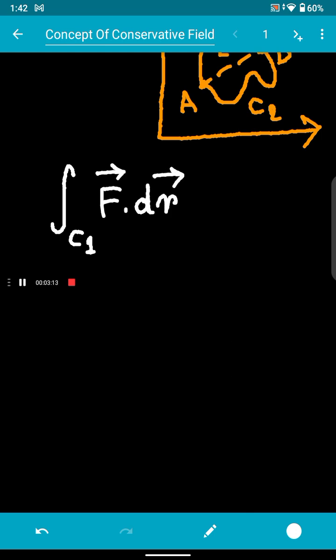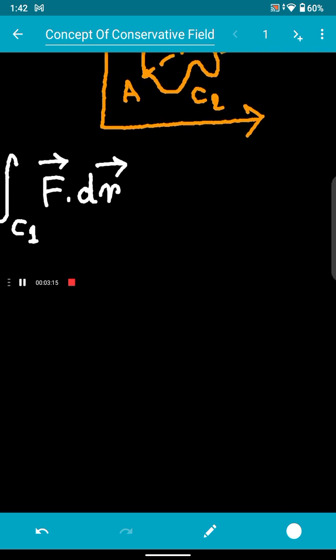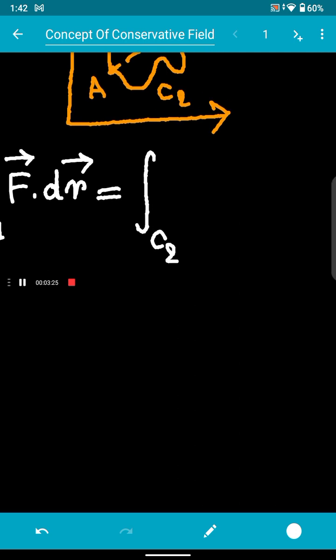Line integral is something you learn in complex analysis, but this much idea should be there. These mathematical terms just mean the work done along this path.